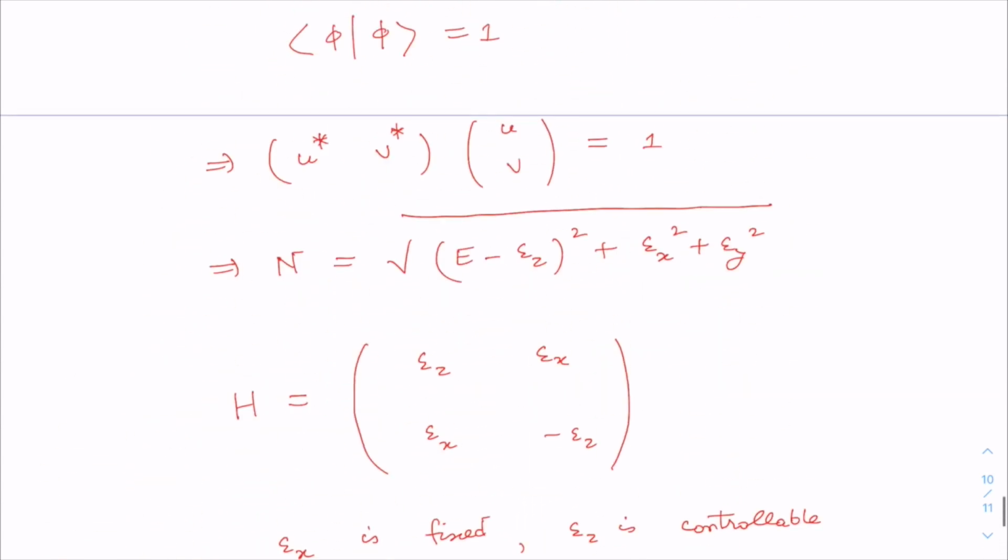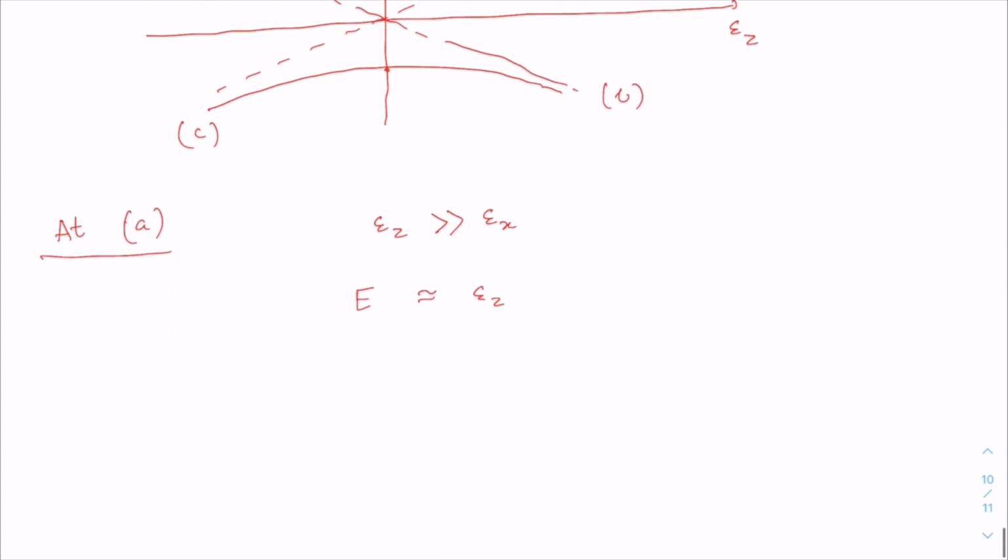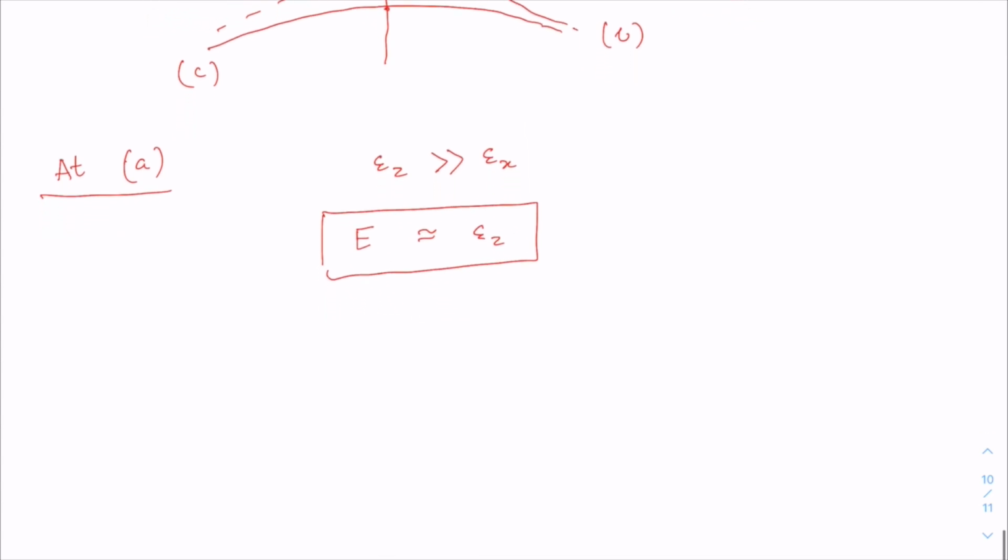You can see from the eigenvalue equation, E is equal to the square root of ε_z² + ε_x². Now ε_z is much larger than ε_x, so in the asymptotic limit I can consider E to be equal to ε_z.